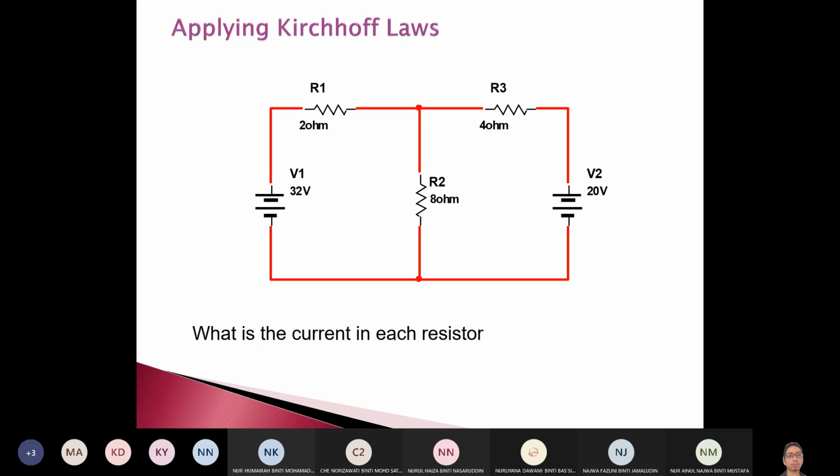So what we have here is I1 plus I2 equals I3.